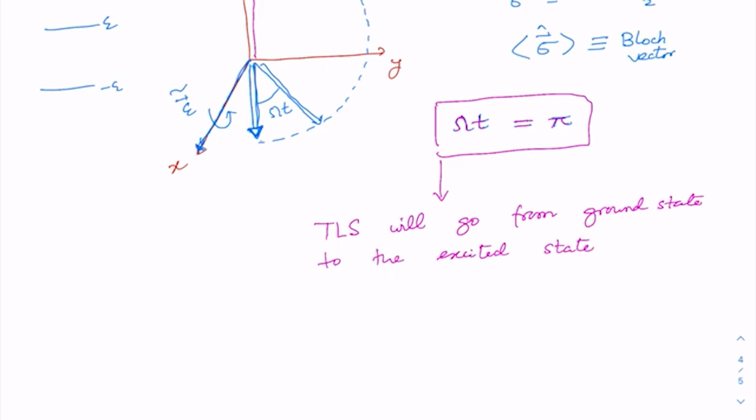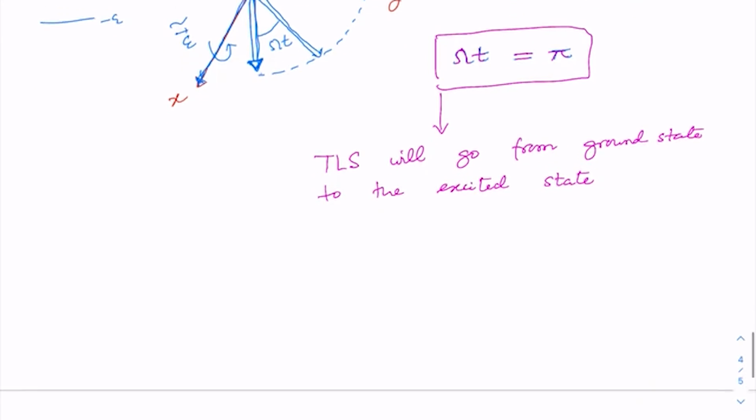And omega t equal to pi, when this happens under this kind of a drive, is known as a pi pulse.